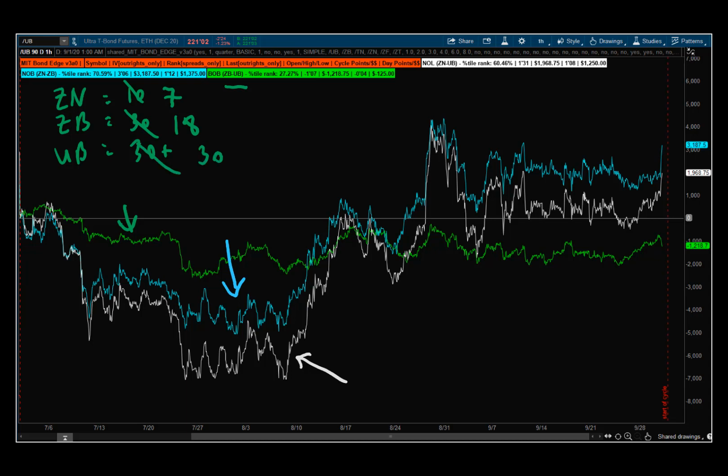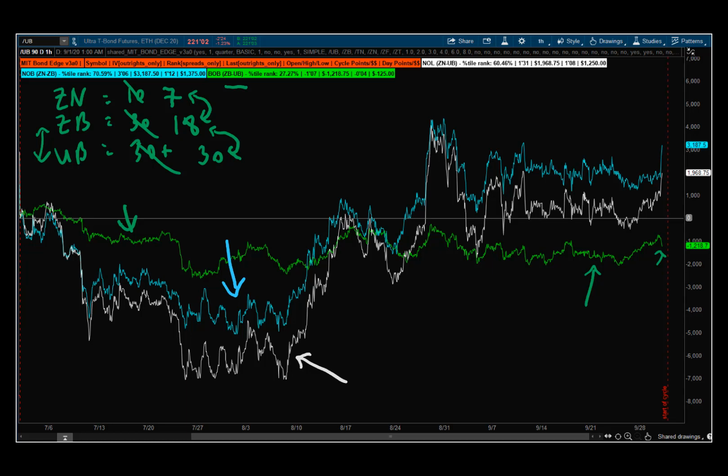So when we're trading these, rather than just crossing our fingers and betting on whether a future contract is going to go higher or lower, we want to look at the relationship, guys. We want to look at the relative value between those two instruments. And so ZB-UB, which is going to be here to here, is represented by the green line on the chart. So the difference between ZB and UB is actually selling off.